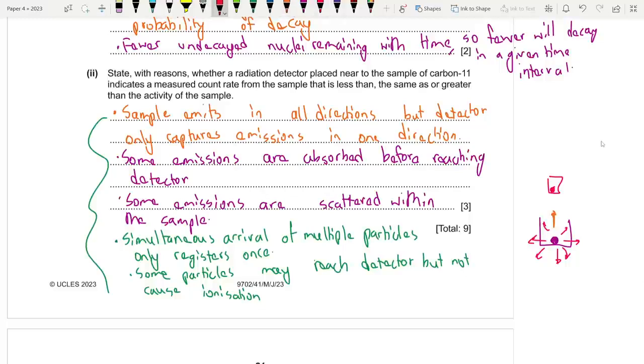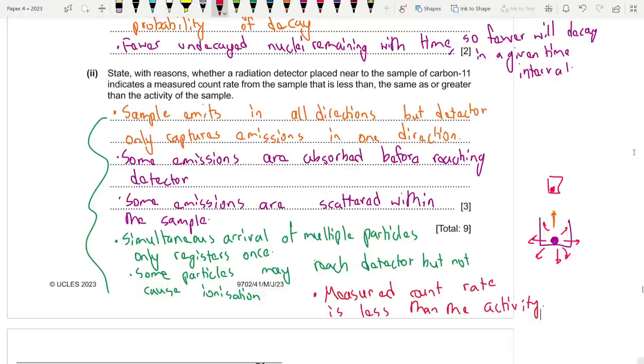So what do you need to write to get the final mark? This is the most important point. We gave explanations. So now finally the measured count rate is actually less than the activity due to all of these reasons. Fine.